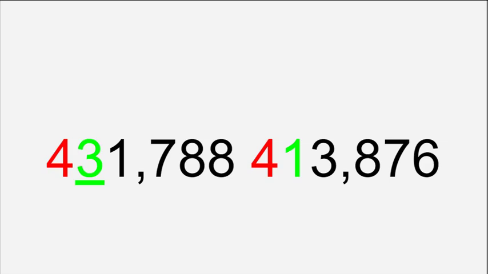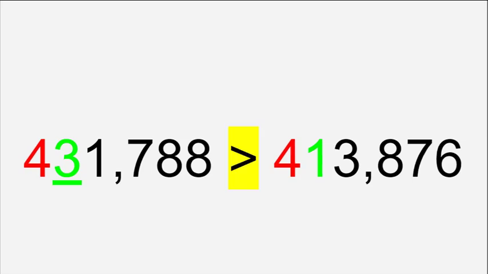The first number has a 3, the second number has a 1. 3 is bigger than 1, and 1 is less than 3. When we compare these numbers, we will say 431,788 is greater than 413,876. Be sure to check your answer.